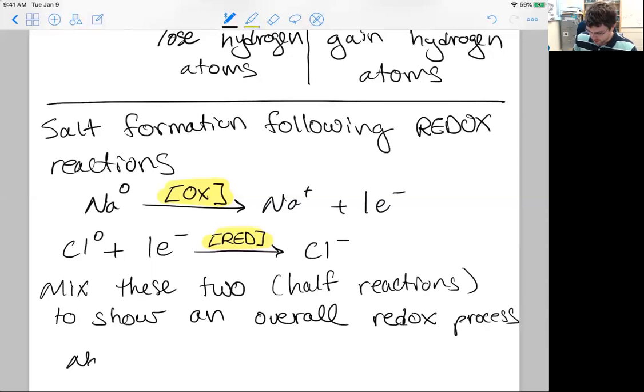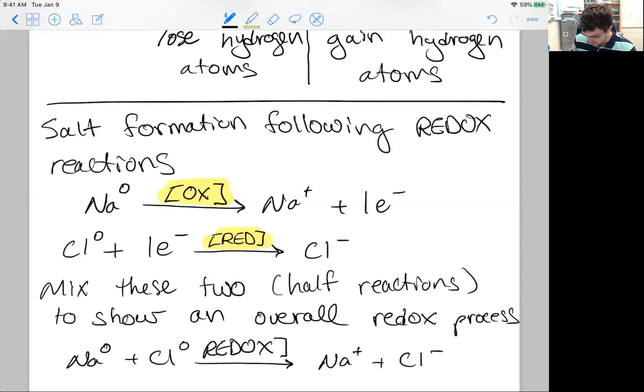So we could take Na0 plus Cl0, mix them together to make Na plus Cl minus, and we're mixing both of these processes together to give an overall redox process, which shows the transferring of 1 electron.